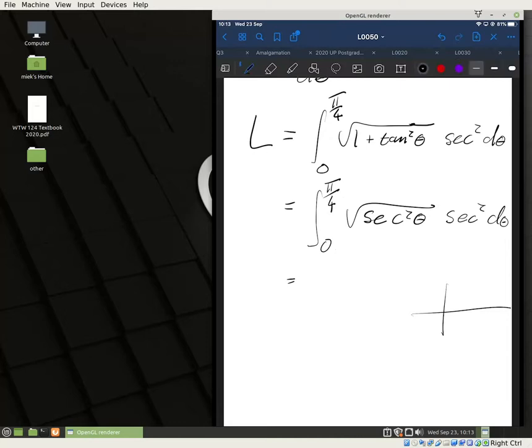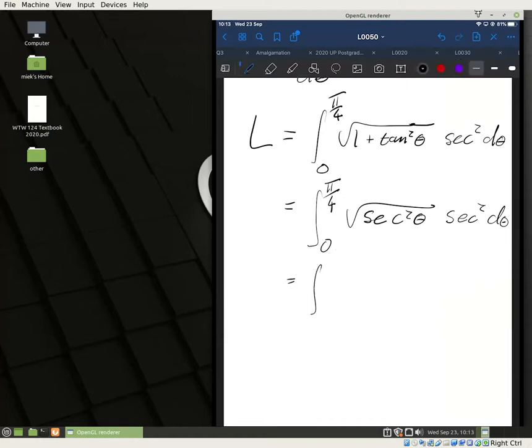Cosine looks as follows. There we've got pi, there we've got 2 pi, here we've got pi over 2. So pi over 4 is over there. Everything is positive.